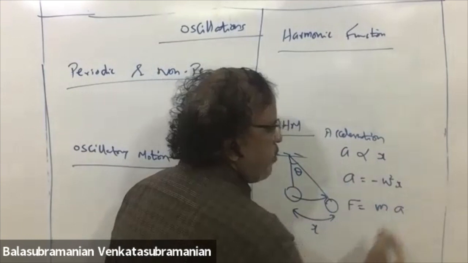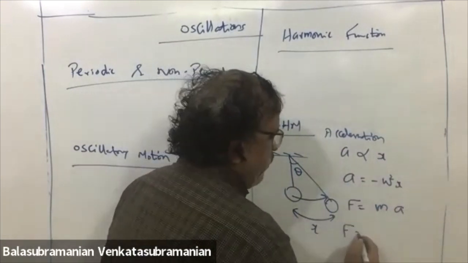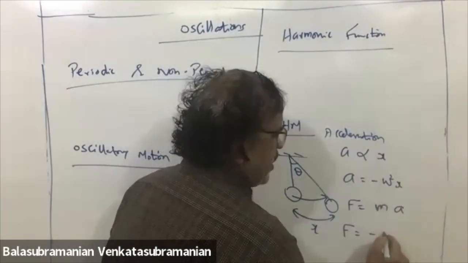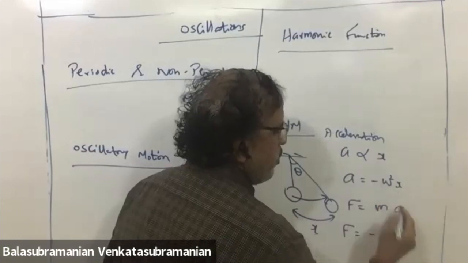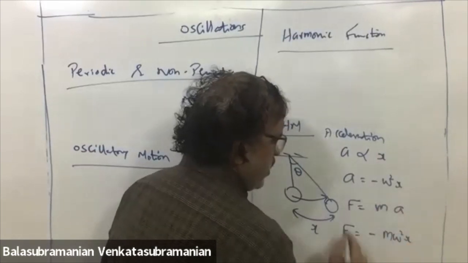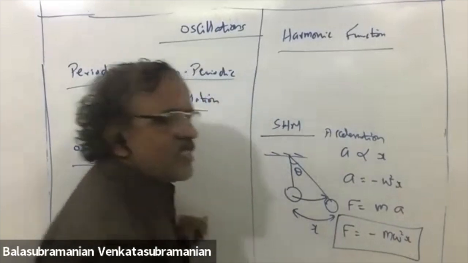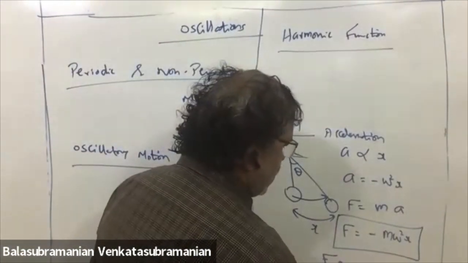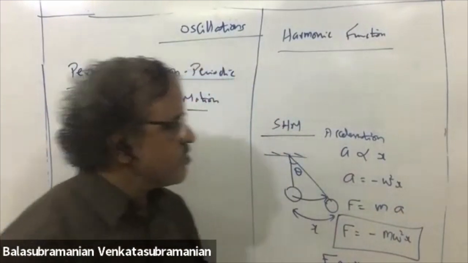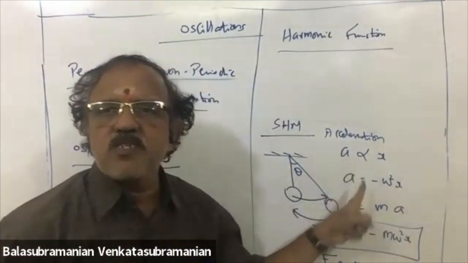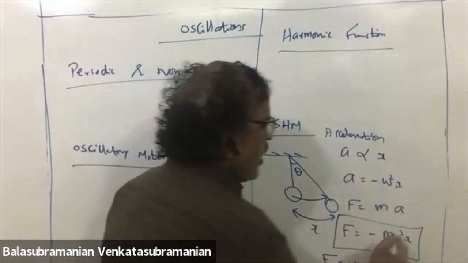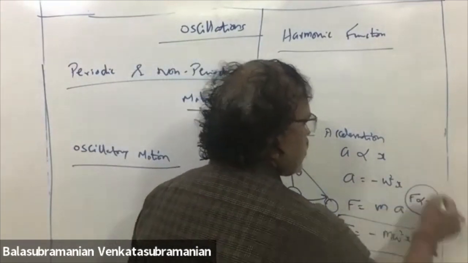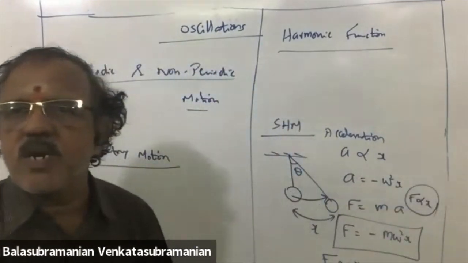F is equal to ma, so F is equal to minus m omega square x, or F proportional to x. Either a proportional to x or F proportional to x, both are simple harmonic only.